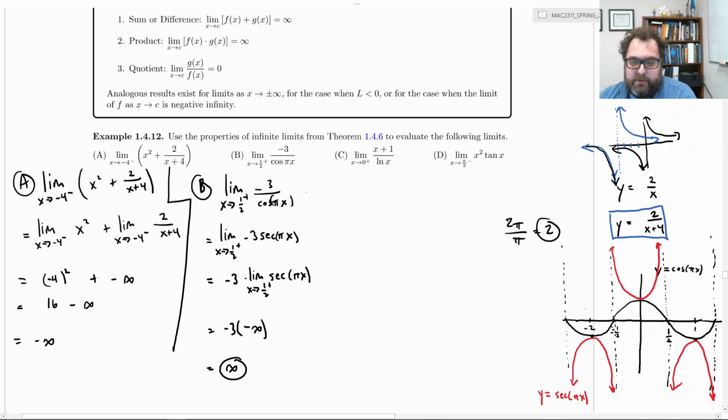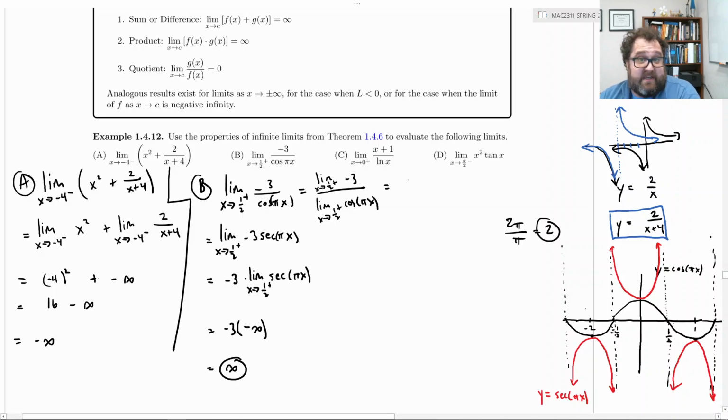Okay? Another way to think about that is this. If you go back to the original formulation, I'll just solve it a different way. Let's do the numerator and denominator individually. So let's use the quotient property, which says we can take the limit as x approaches 1/2 from the right of the numerator, -3. That's a constant, so that's easy. Over the denominator, the limit as x approaches 1/2 from the right of cosine pi x.